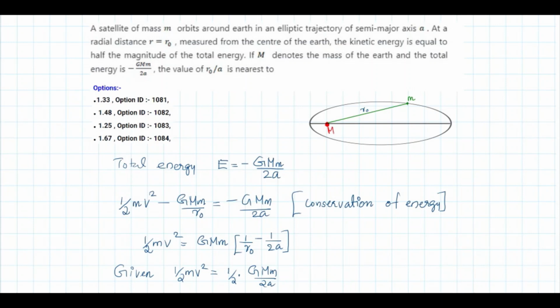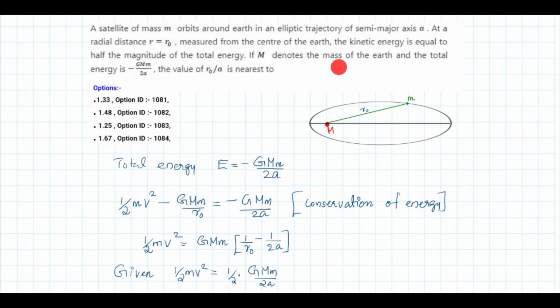Next question is, a satellite of mass m orbits around Earth in an elliptic trajectory of semi-major axis a. At a radial distance r equal to r0, measured from the center of the Earth, the kinetic energy is equal to half the magnitude of the total energy.